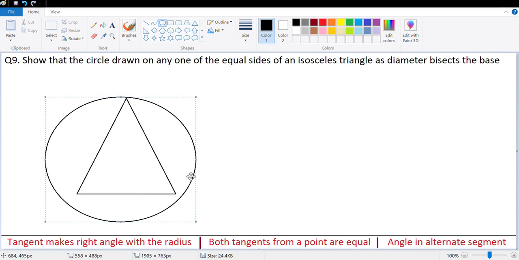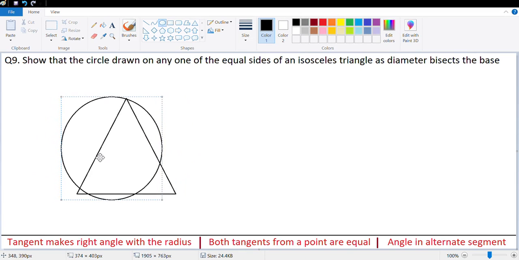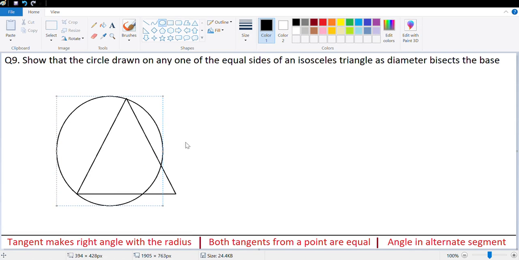Okay, so maybe this is a smaller circle that I'll have to do. Okay, anyway, it needs to bisect the base, that's what they're saying.